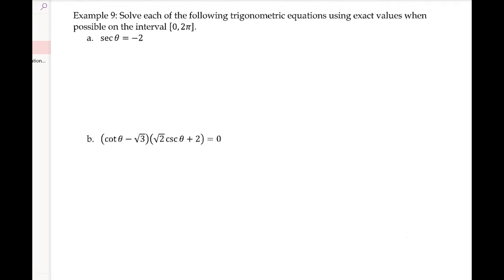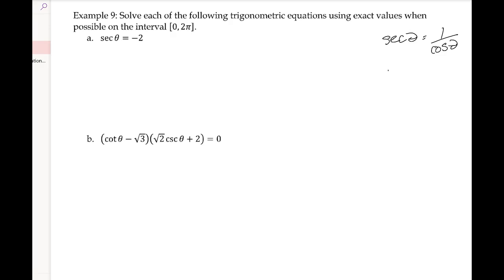Okay, so example 9. This is another type of question. So we just dealt with a couple quadratics. Example 9 looks at when we have our 3 inverse trig ratios. So just as a reminder, when we talk about secant theta, what we're talking about is 1 over cos theta.